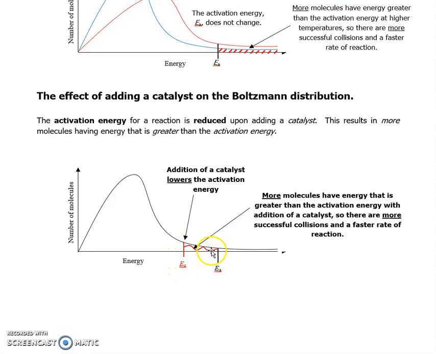This squiggle here represents the molecules which have an energy greater than the activation energy, and which can lead to a successful reaction when they collide. The important thing is that we have more molecules with an energy greater than the activation energy, so that's why the rate of reaction is increased.